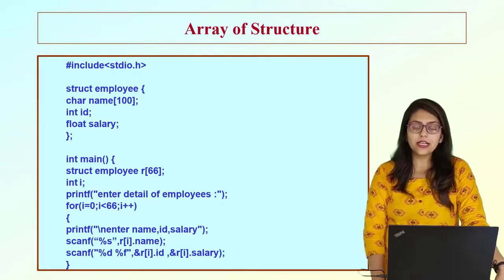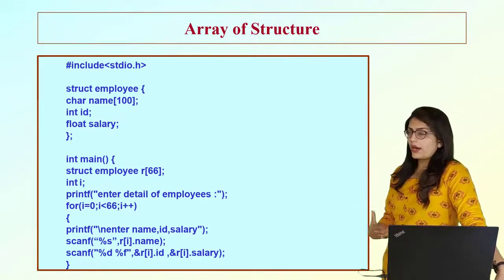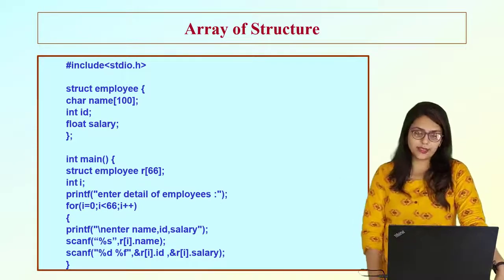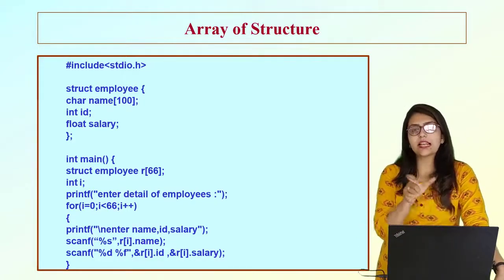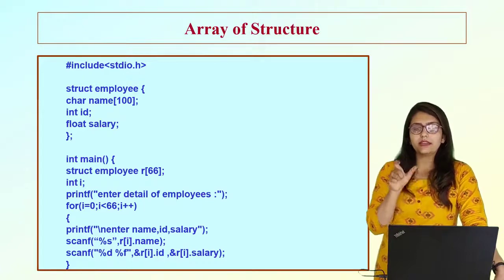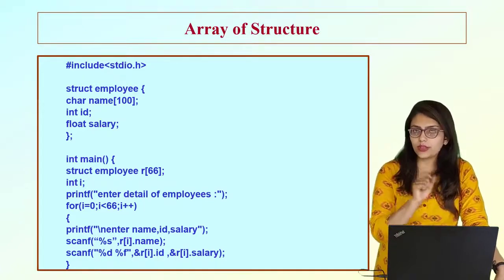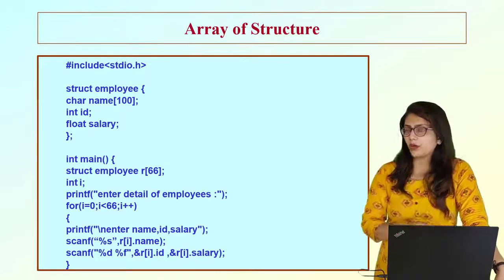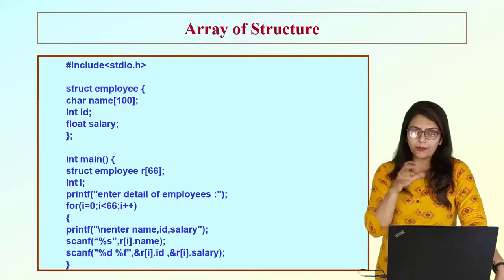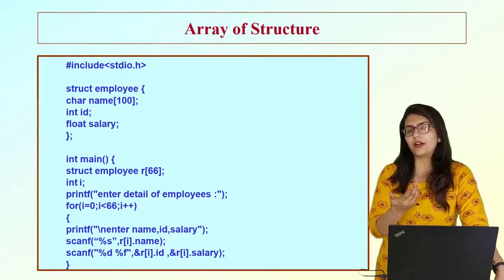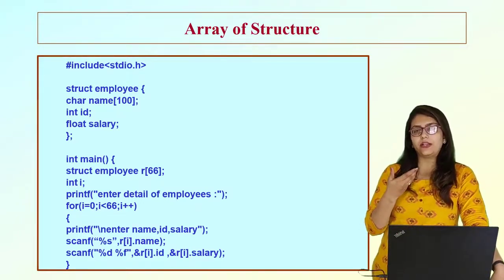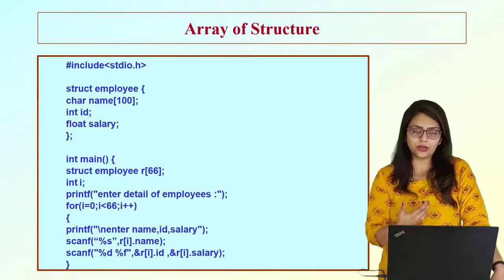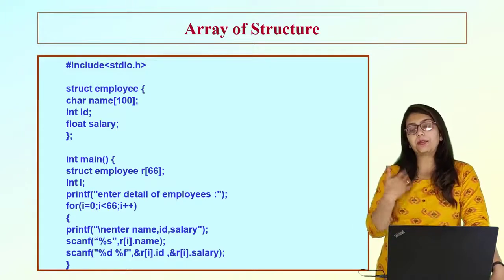So I can create structure, as you can see over here inside int main. I have created struct employee R[66]. That means R is an array of structures. Each element of R is having data type structure employee. So R of 0 will be of type structure, R of 1 will be of type structure, and so on. Now how can I take value from user inside this array of structure, and how can I print those values?